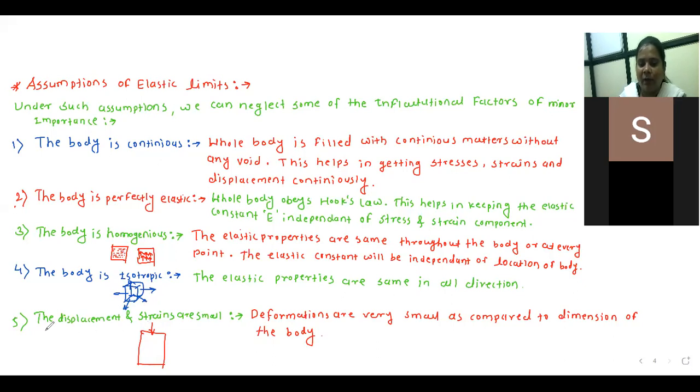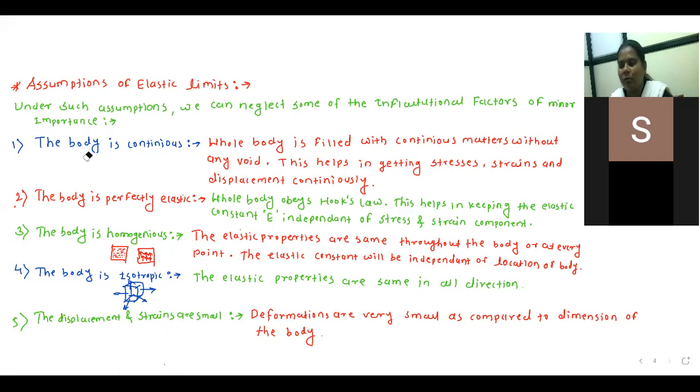At that time we will assume the displacement and strains are small or negligible. So these are the assumptions of elastic constants. Please remember these 5 assumptions, required in the remaining 7 chapters.